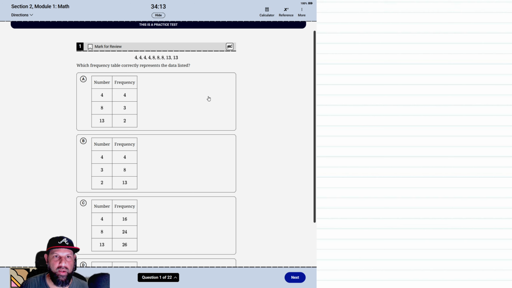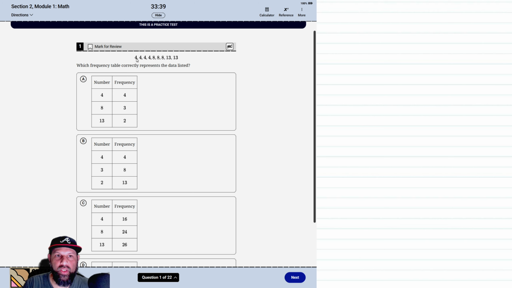Okay, let's look at the first problem. We have a data set given here, and the question is which frequency table correctly represents the data listed. The main thing to understand is the values themselves are given in the number column, and how many times that value occurs in the data set is given in the frequency column.